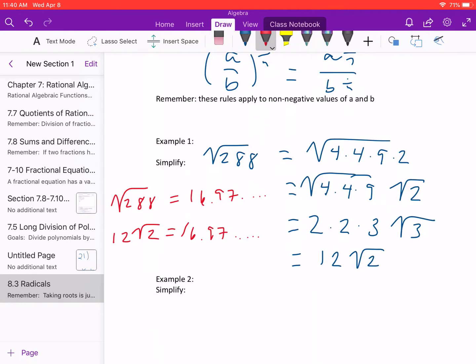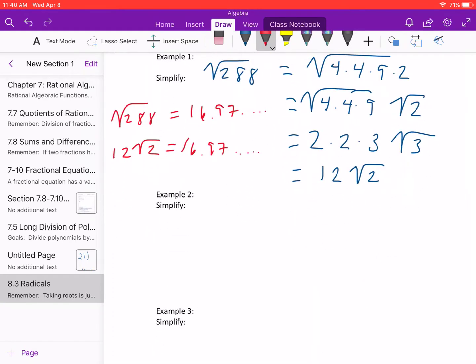Let's look at another example. Another simple example would be if I'm asked to find the square root of 128. Looking at that value, I know 128 is 64 times 2. And 64 is 8 squared.